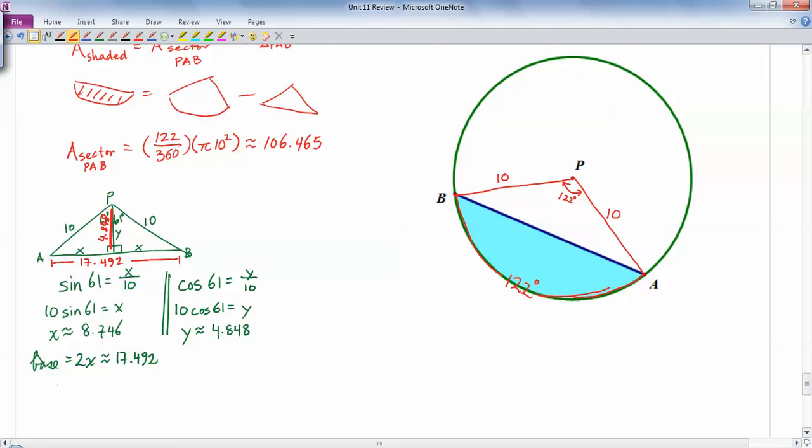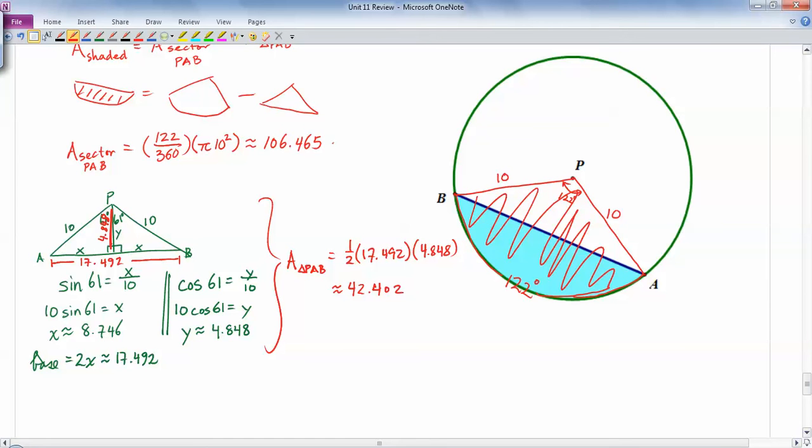Okay, so the area of the triangle PAB is going to be 1/2 the base, which was 17.492, times the height, which was 4.848. If you cut and paste those values from the calculator, you end up with about 42.402. So then the last step: the area of the whole sector was 106, and the area of just the triangle was 42.